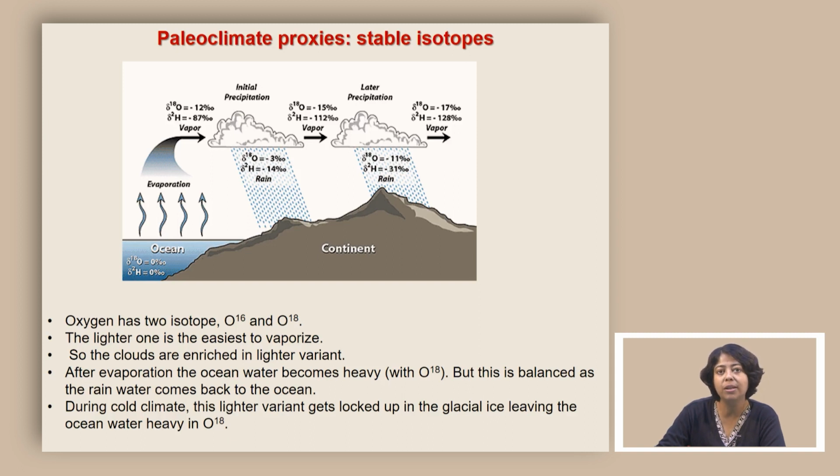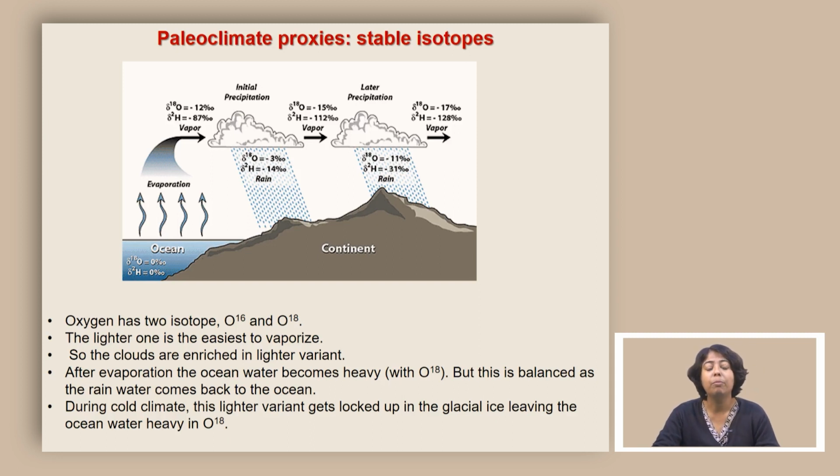Now, we know that isotopes are basically different proton-neutron combinations of the same element. So, if we have two isotopes of the same element, it means that the proton number is going to be the same, but the neutron numbers are going to vary, and therefore, the mass numbers are going to be different for the same element. And there are different kinds of isotopes.